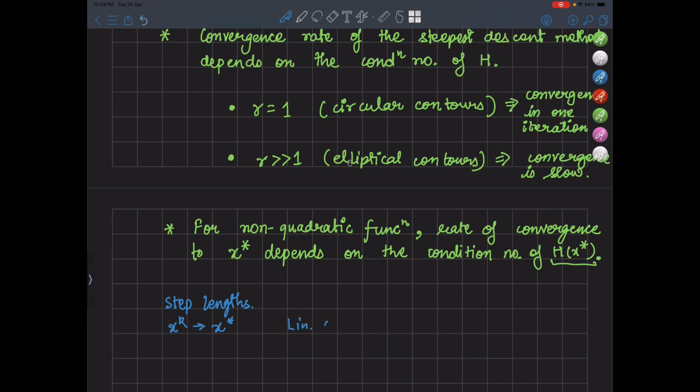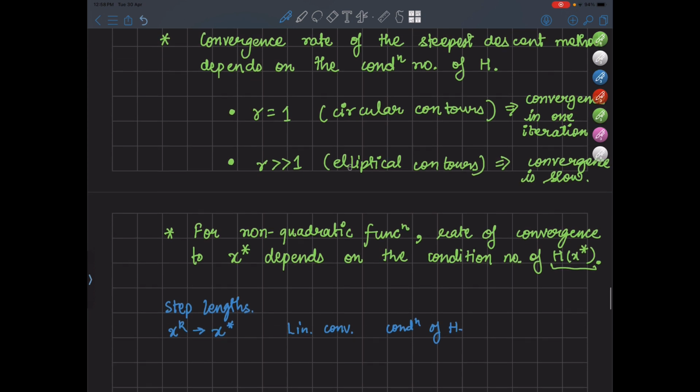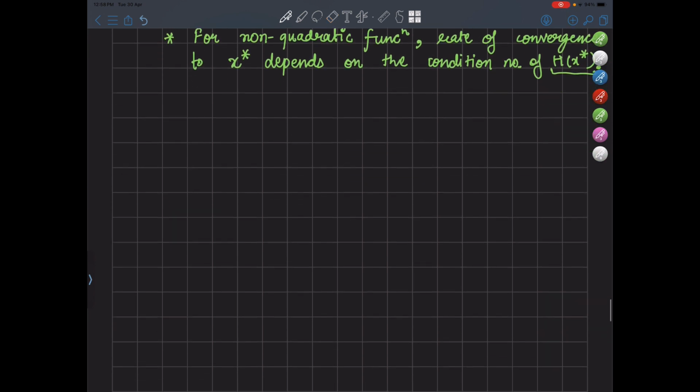We found it is linear convergence, with the rate of convergence depending upon the condition number of H. We then observed certain points and saw why steepest descent is faster in circular contours and slow in elliptical contours, and we also saw how the rate of convergence will depend on the Hessian for a non-quadratic function if we use the same algorithm. Now moving ahead, let's look at the next section.